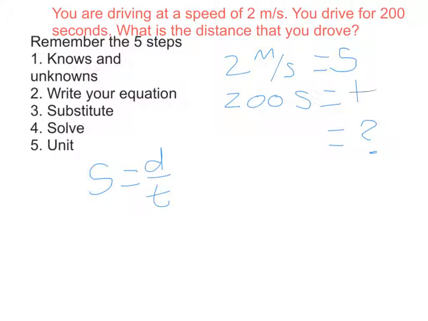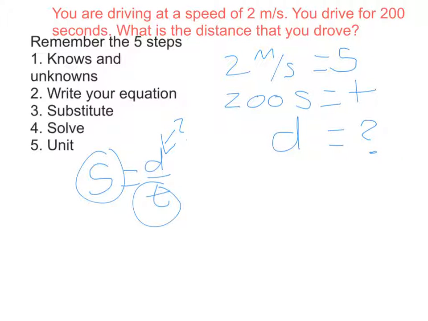So I'm going to write t for time here. Which means I've got my speed, I've got my t, which means my d is my question mark. Also looking up at the problem, I see that it's asking distance. What is the distance you drove? So I know that's my unknown.